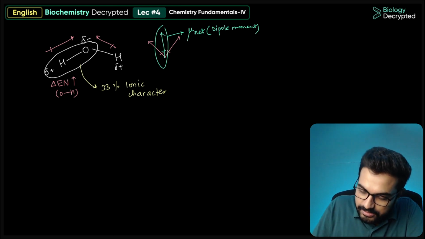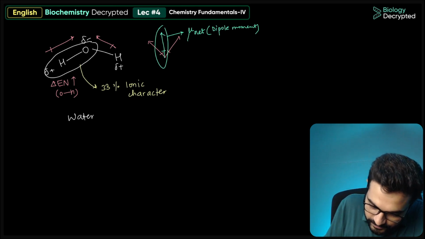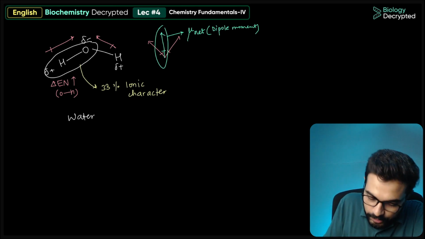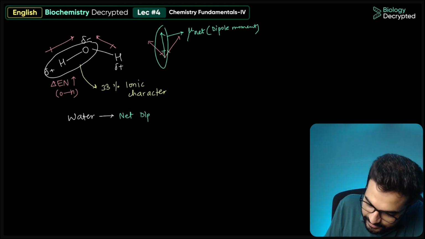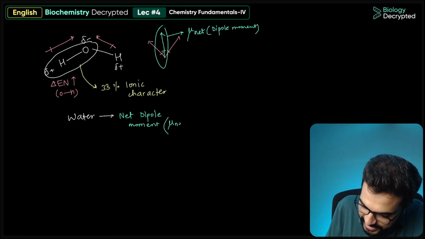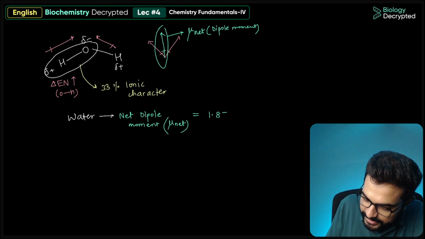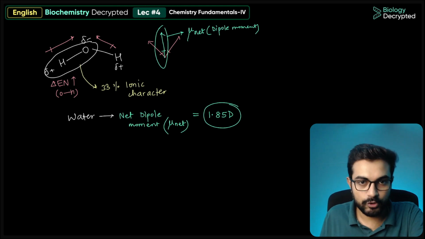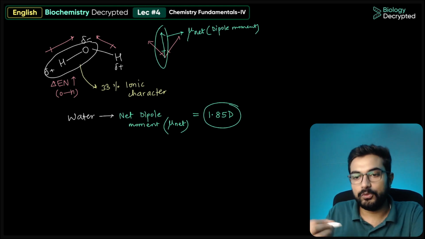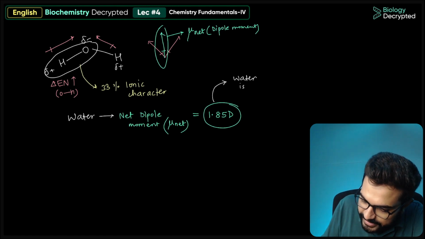And if we talk about the data, water has a net dipole moment, which we can represent as mu net. This is equal to 1.85 debye. Debye is the unit for dipole moment. I hope you remember. Now, based on this, we can say that water is highly polar.